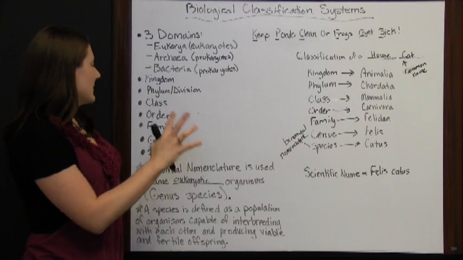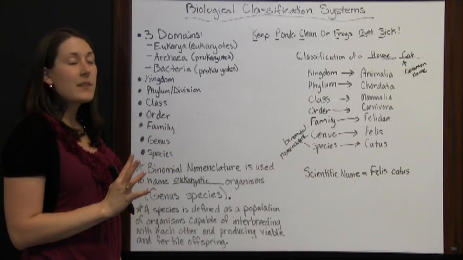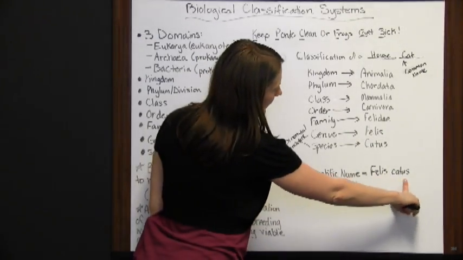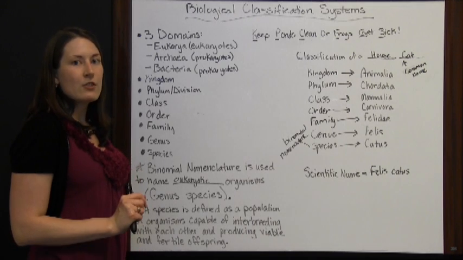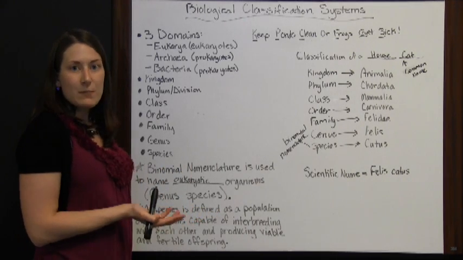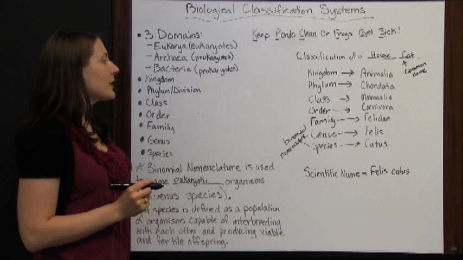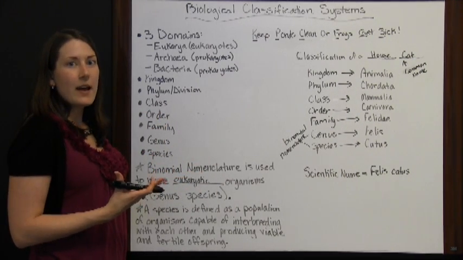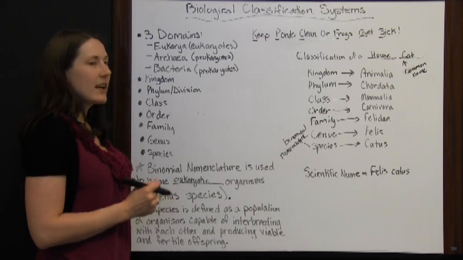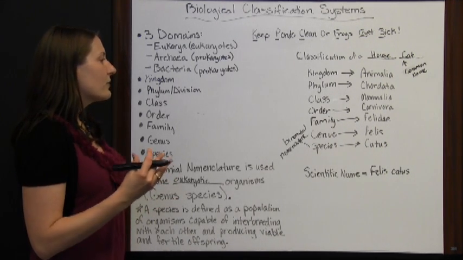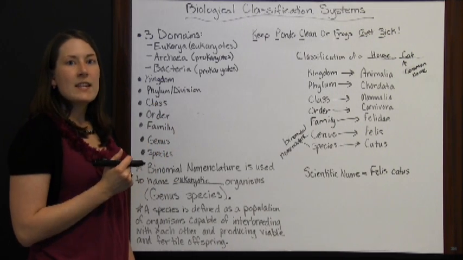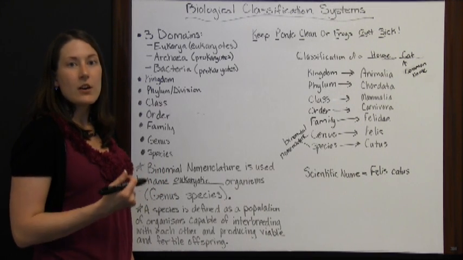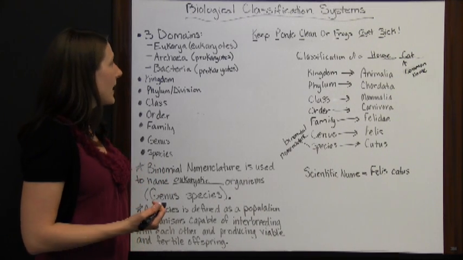So this classification system is used internationally so that anywhere in the world, if you saw this Latin name, any scientist, whether they spoke English or another language, would be able to know what species that scientific name was referring to. And this classification system is used by all scientists. That way, all scientists will be on the same page if they're trying to classify a new organism or figure out which rankings an organism that they find might fit into, to see if it is indeed a new organism or something that's already been discovered and they're just trying to classify it.